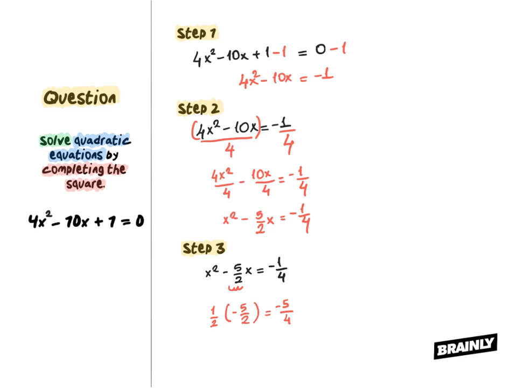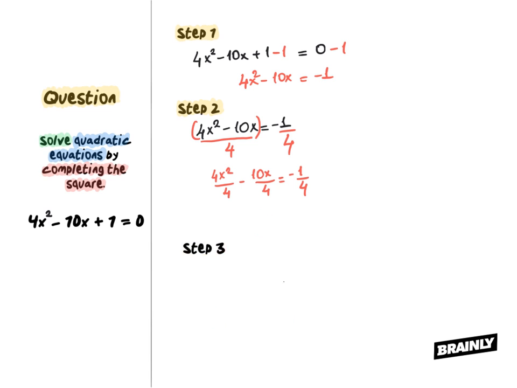And then we take this number, negative 5 over 4, and we square it. So if we take negative 5 times negative 5, that will give us positive 25. On the bottom, 4 times 4 is gonna give us positive 16. And again, this is the number that we add to both sides of our equation.